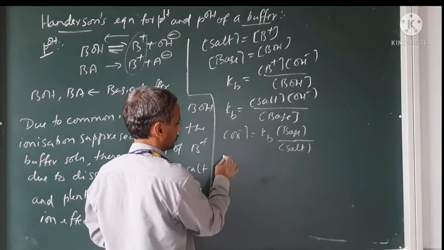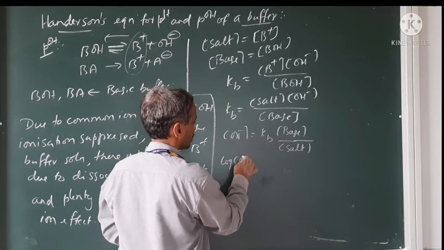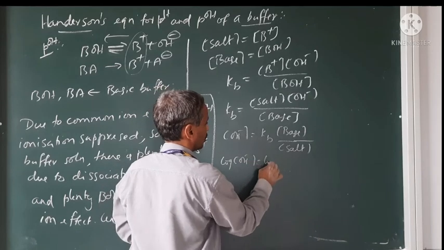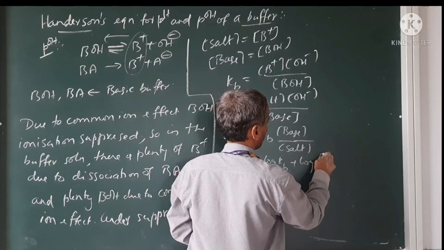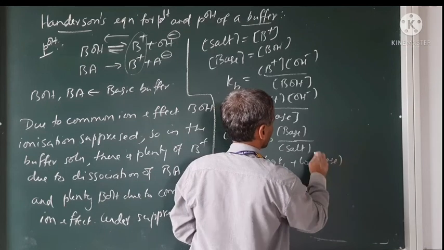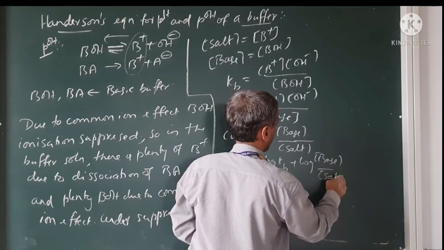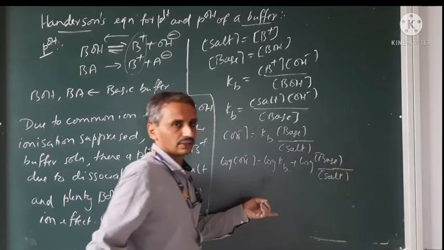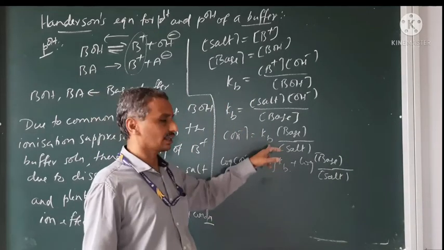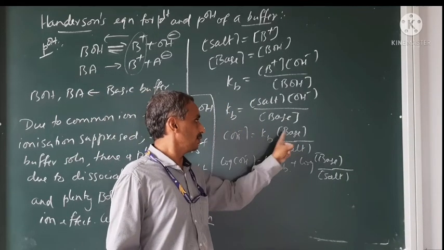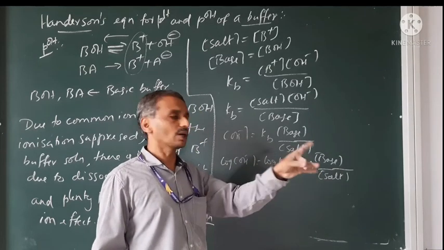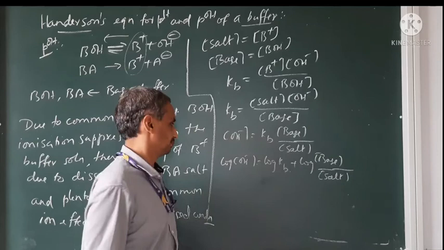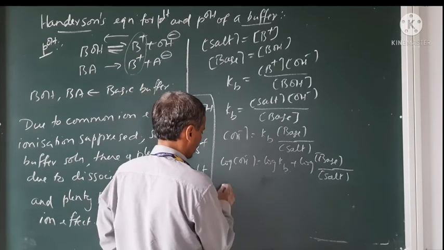Take the log. Log OH minus is equal to log of Kb plus log of base concentration by salt concentration. I did not write the complete step. Log of Kb into base by salt will be log A plus log B, that I club together. Multiply by minus 1. What happens here?